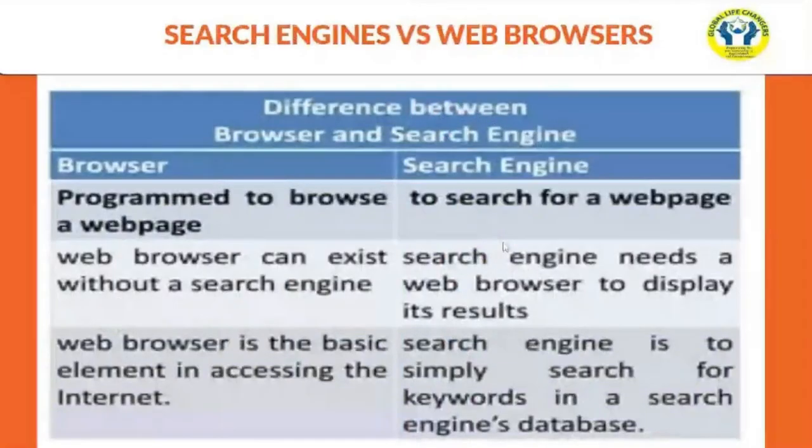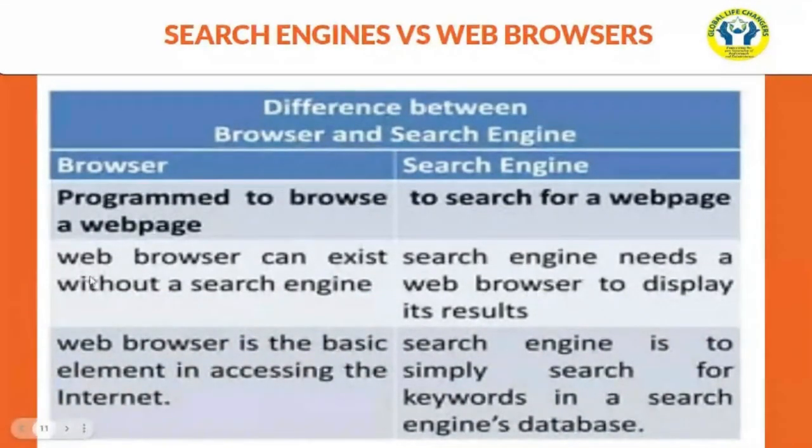So what are the differences between a browser and a search engine? Well, a browser is programmed to browse a web page, while a search engine is programmed to search for a web page.